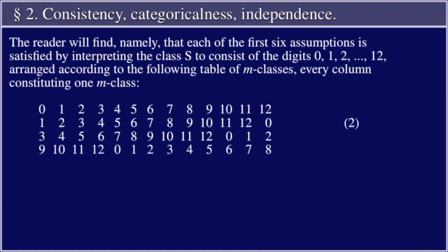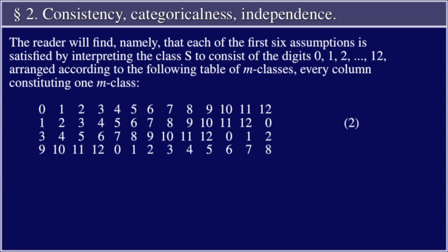The reader will find, namely, that each of the 6 assumptions is satisfied by interpreting the class S to consist of the digits 0, 1, 2, up to 12, arranged according to the following table of M classes, every column constituting one M class.